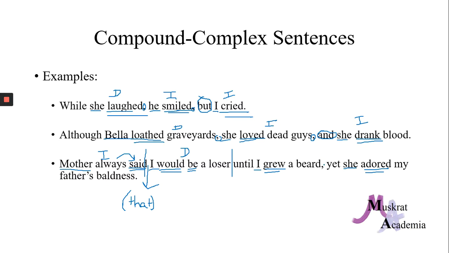Until I grew a beard, comma, conjunction, junction, what's your function? Okay, there we go. So until I grew a beard is dependent. And then, yet she adored my father's baldness, I think that's independent. Yep. So here we have independent, dependent, dependent, independent. Really weird combination, but you know what? It works. It's grammatically correct.